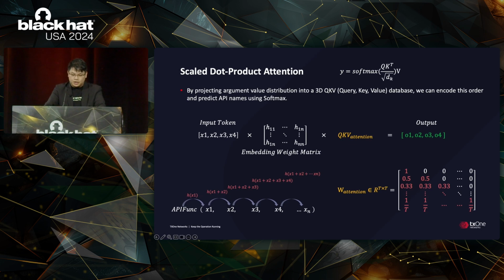The semantics are projected into a 3-dimensional matrix of QKV models, query, key and value here, and can effectively predict the likelihood of each unknown API.